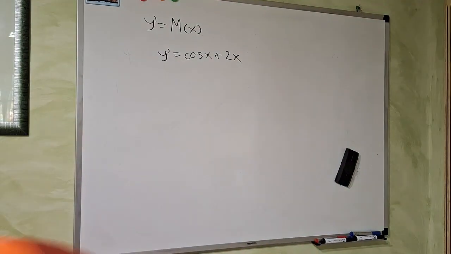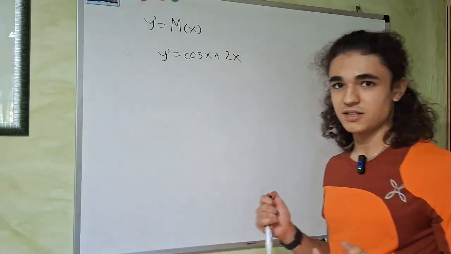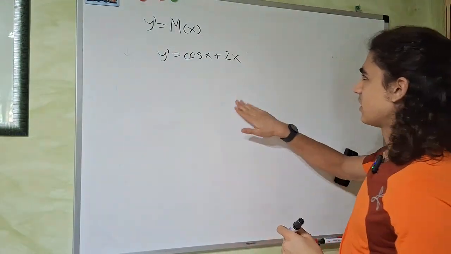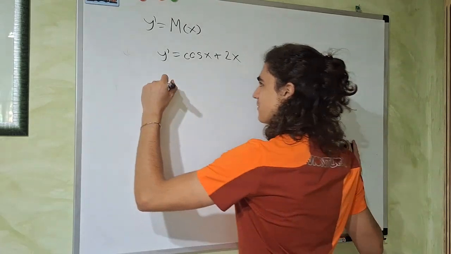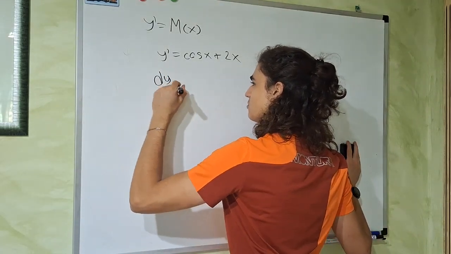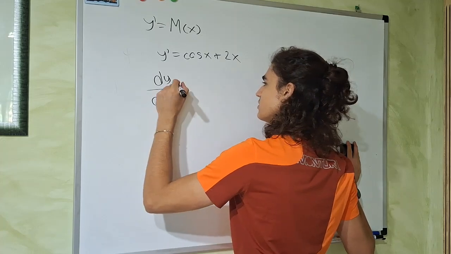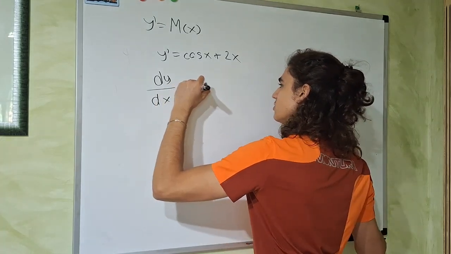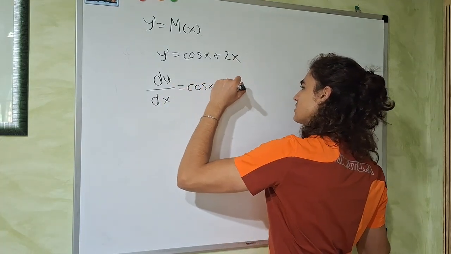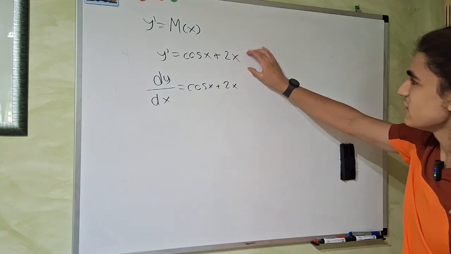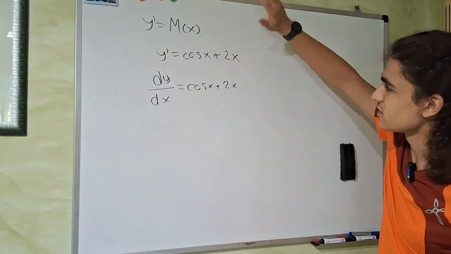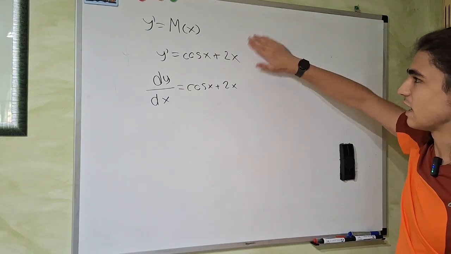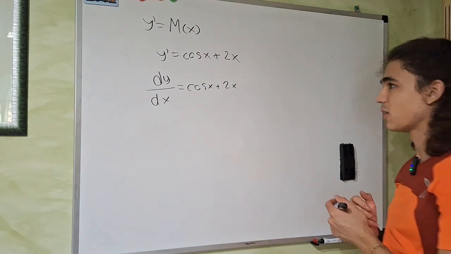As always, the Leibniz notation is well accepted because it's a very simple and neat way to solve differential equations. dy by dx equals cosine of x plus 2x. Now, you see that this corresponds to an equation of this type. The right-hand side involves only x.